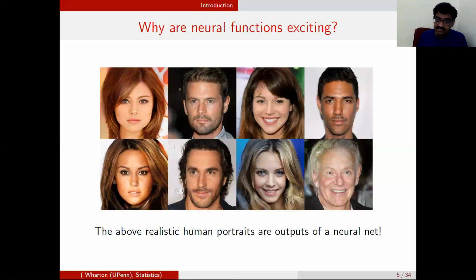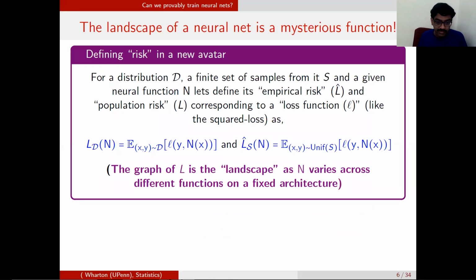Mathematically, this kind of experiment needs a different framing, and a formal framing is required. So formally, we think in terms of the risk function. We define two kinds of risk functions: one is the empirical risk and one is the population risk. Given a distribution D, you take an expectation over samples (x, y) from D of a loss function L evaluated on y and N(x), where N(x) is the output of the neural network N on the input x.